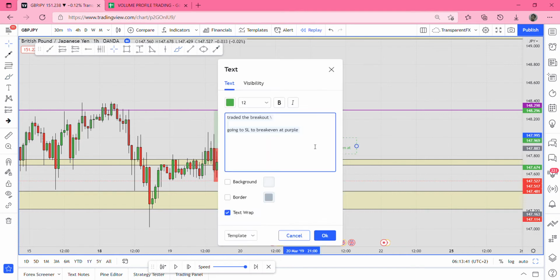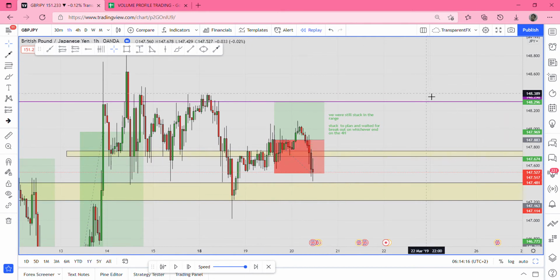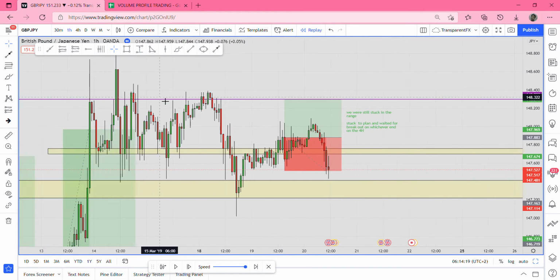So what I want to say is here, should have, because we were still stuck in range, so should have stuck to the plan and waited for breakout on whichever end on the 4 hour. Okay, that's fine. Not too upset. Manage my risk in theory, 1%. Just trading that range, I guess, was my biggest mistake.